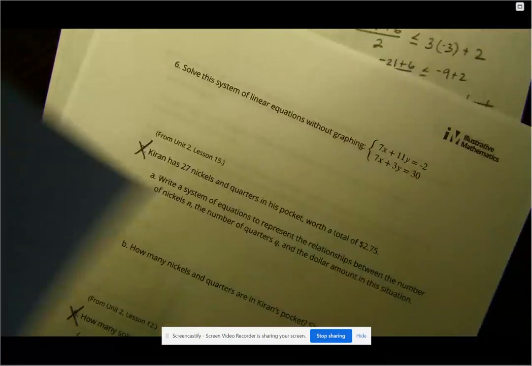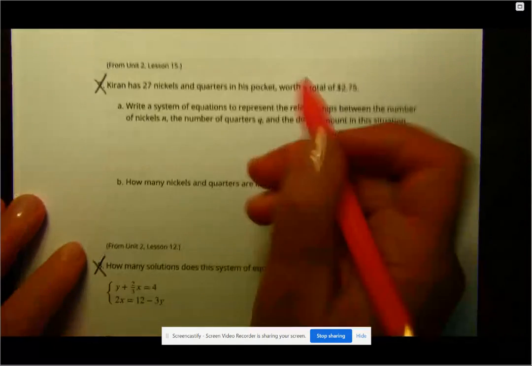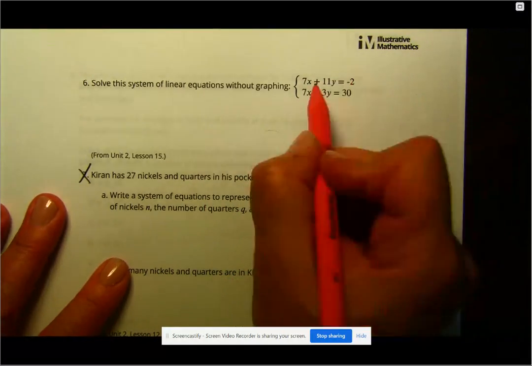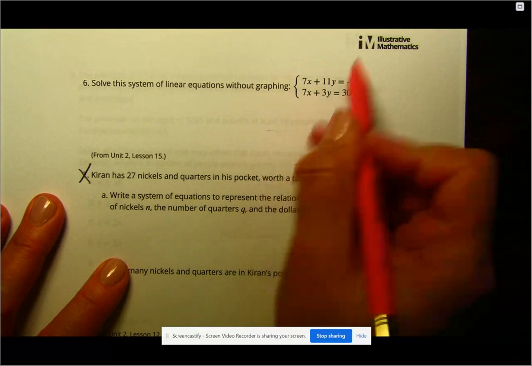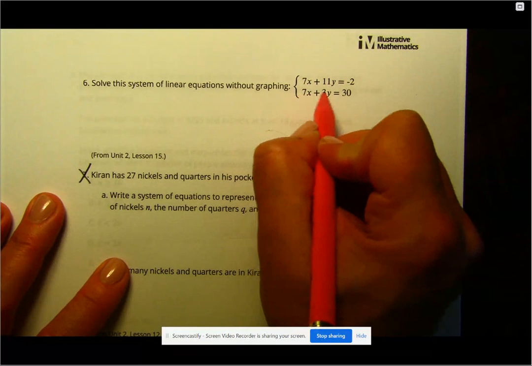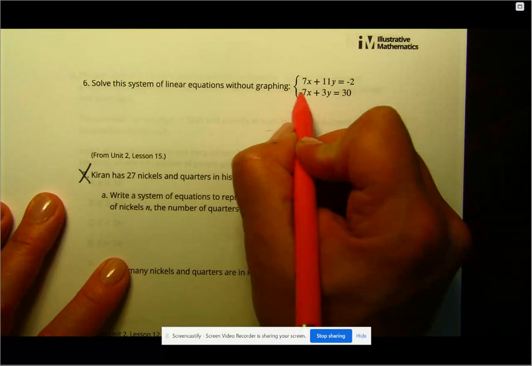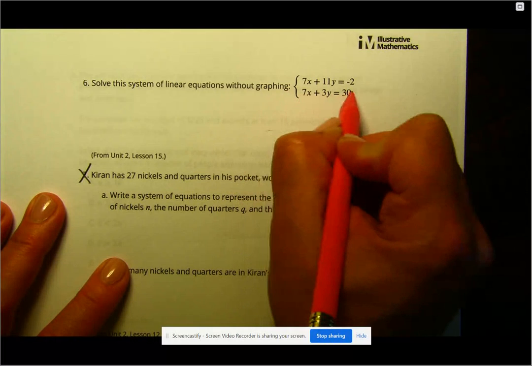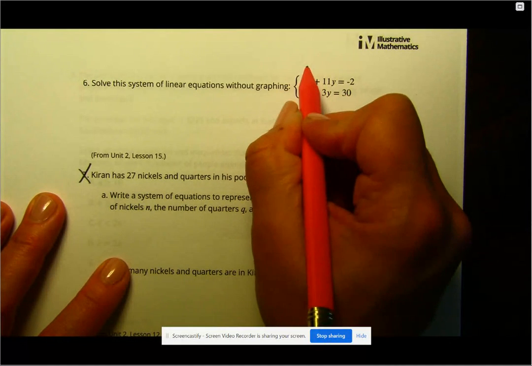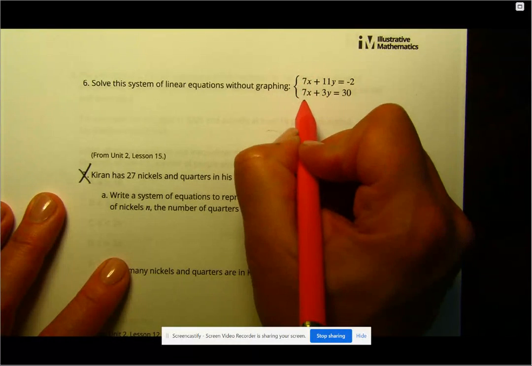Okay, 2 more. A review of systems. Solve this system of linear equations without graphing. So it looks like it's set up for elimination. You could subtract them, but I'm just going to multiply this bottom equation by -1, or make everything opposite, which is legal to do, so that the x terms will cancel out when I add them or combine them.